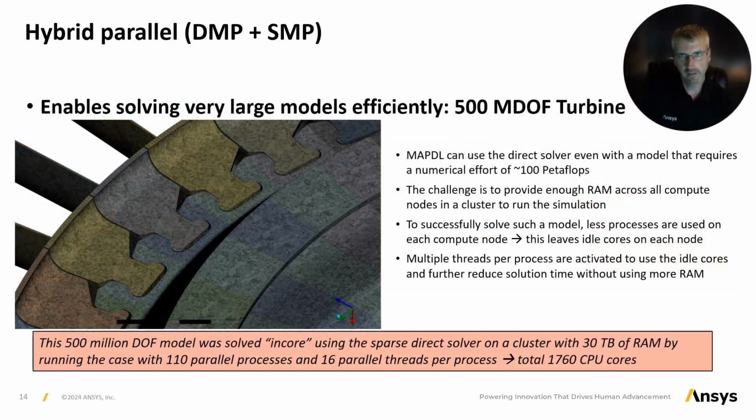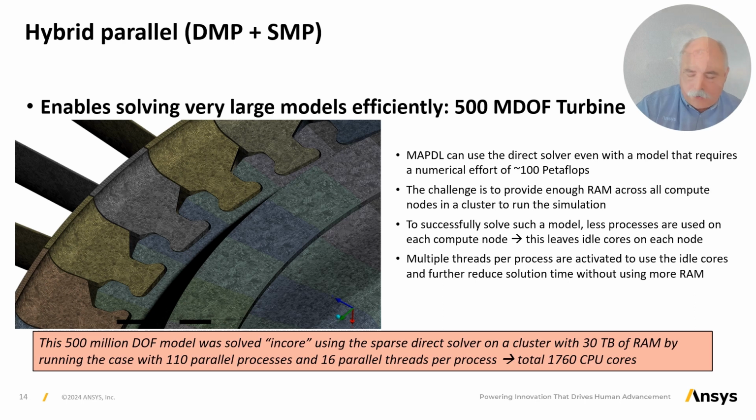Okay, so in addition to that turbine benchmark, Herbert, you have some experience in running very large simulations on your cluster, and you've been able to use hybrid parallel in a similar fashion. So for that particular simulation, we had access to a cluster that had 1 terabyte per compute node, so about 5 times what Jeff mentioned on the last slides. In total, 30 terabytes of RAM on a machine that has 1760 CPU cores.